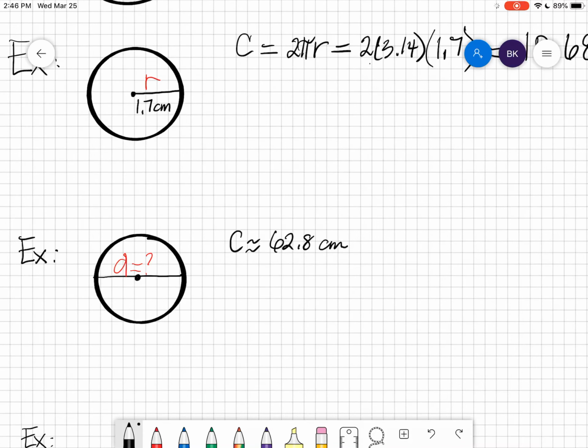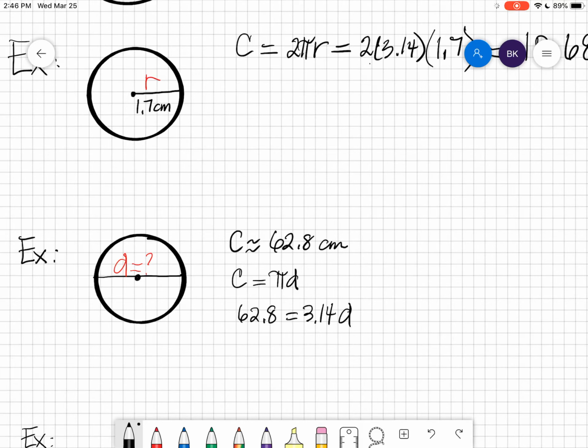So just like I said, let's write down our formula. Circumference equals pi times d, since I need to find the diameter. Let's plug in the numbers we are given. We have circumference, which is 62.8, equals pi, we're going to use 3.14, times the diameter.